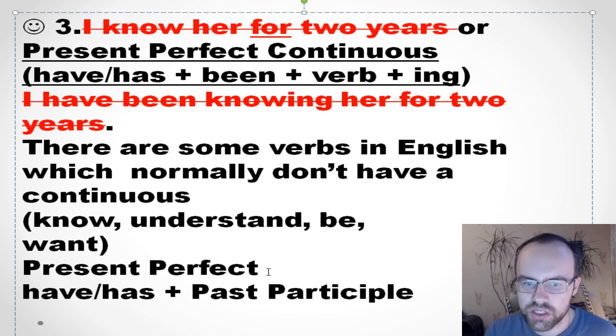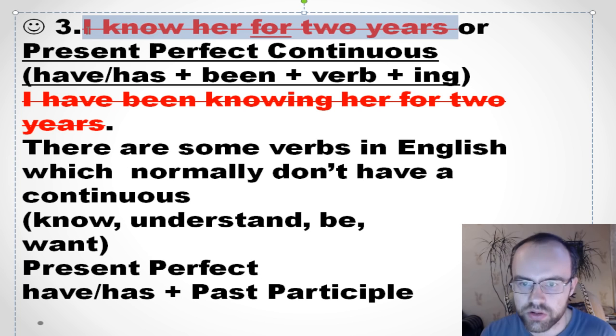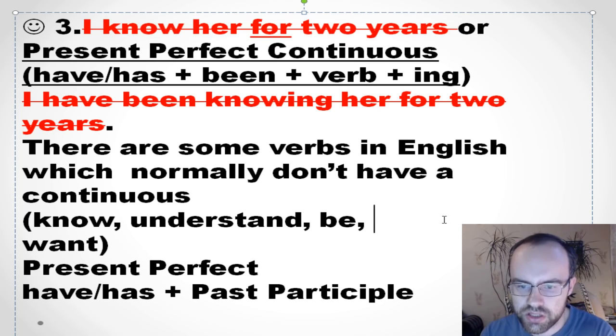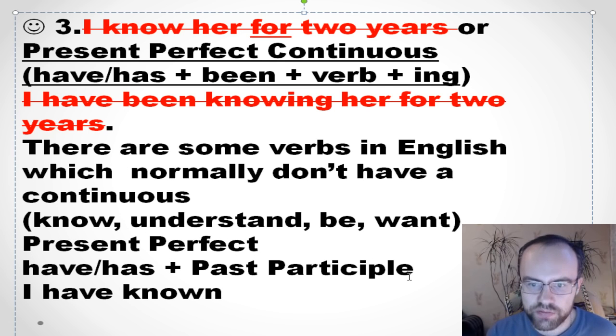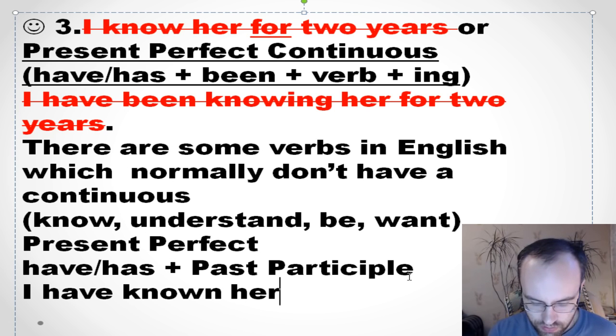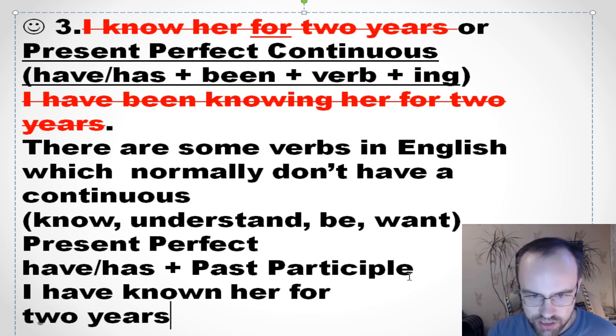So you need to say, not this, because it isn't right, okay? You need to say I have known her for 2 years. I have known her for 2 years.